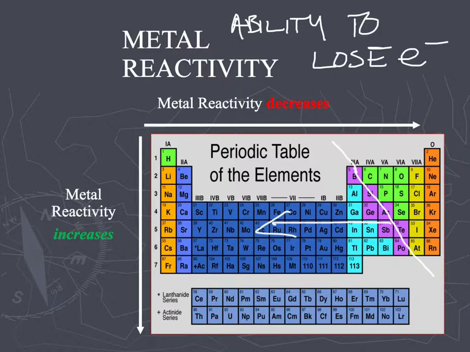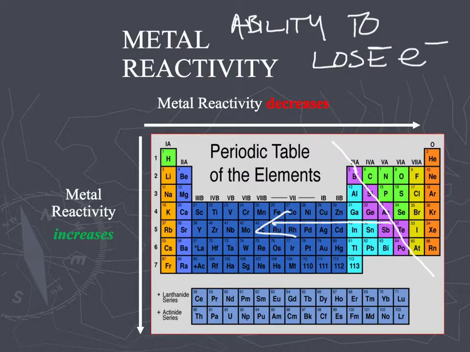It wants to become more inert-like, more halogen-like. If you're here, the easiest way to do that is to lose electrons and go back into a configuration that looks like a halogen. So it wants to lose electrons.